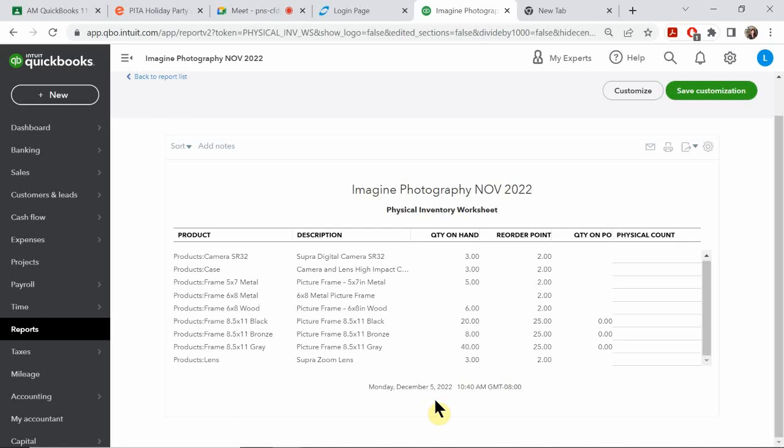Okay. Now, if you remember from chapter 2, I did mention that with inventory, let's say you do create a non-inventory part, right? Yes, you can convert it to an inventory part at any given time. If, let's say, it wasn't a popular item and then all of a sudden it becomes popular and now you want to keep track of it, then yes, you can convert from a non-inventory to an inventory.